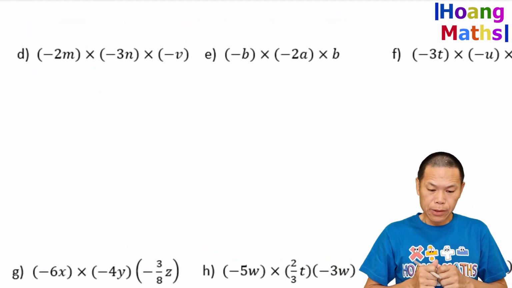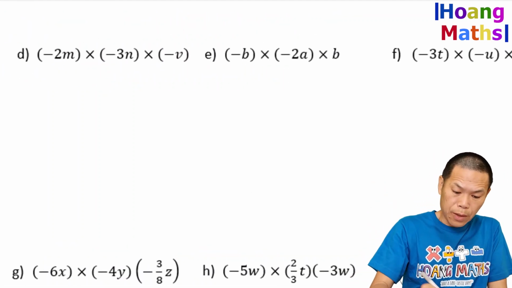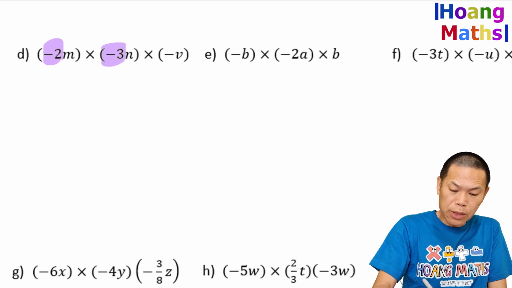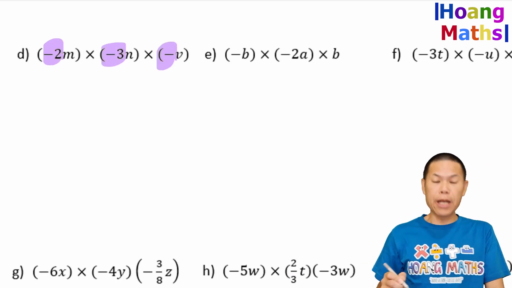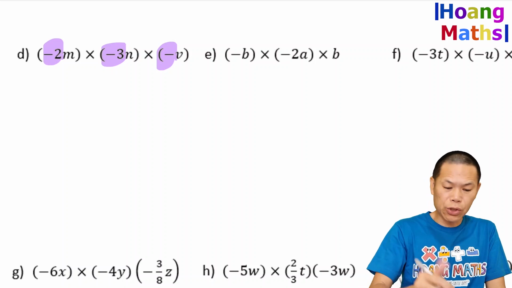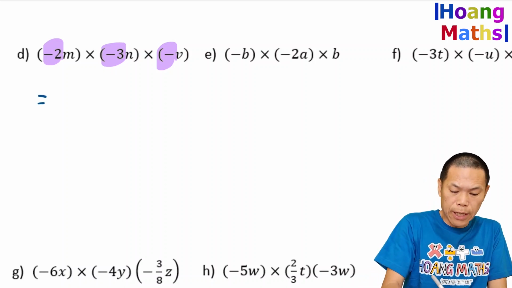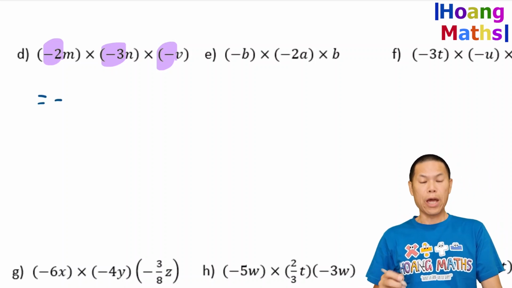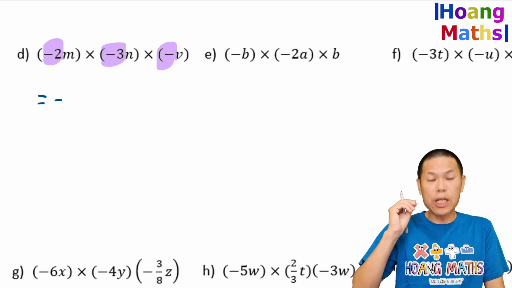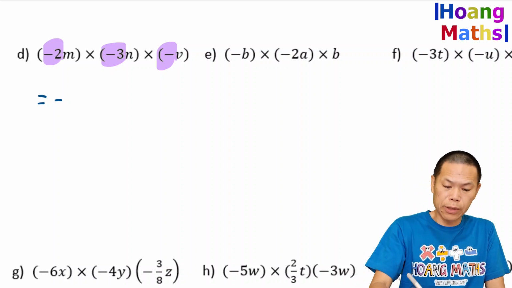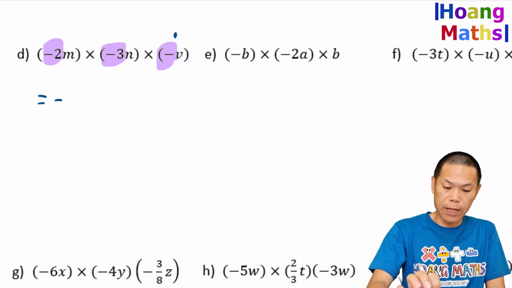Part D. So we have negative 2 times negative 3 times negative 1. Three negative numbers timed together will give us a negative answer. And then just go 2 times 3 times 1, because in front here is 1. Remember that. So we have 6.